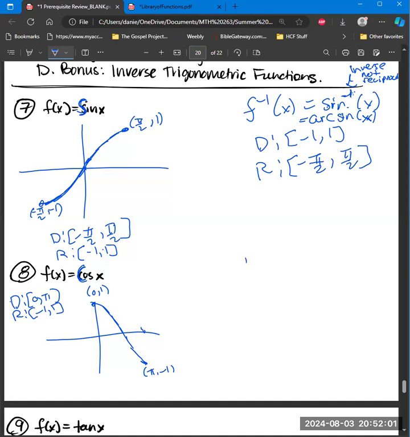That means that our inverse function, arc cosine, will have a domain of negative 1 to 1 and a range of 0 to pi. We'll write that also as arc cosine of x, arc cos, to avoid any confusion that this is inverse function notation. It's f inverse of x.